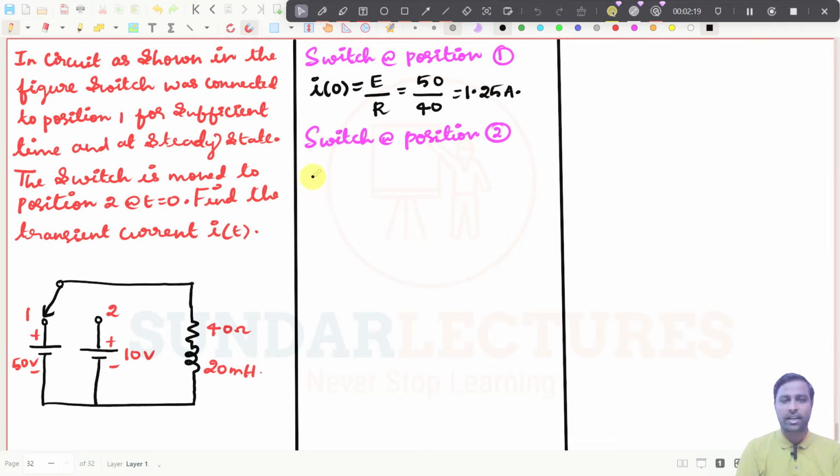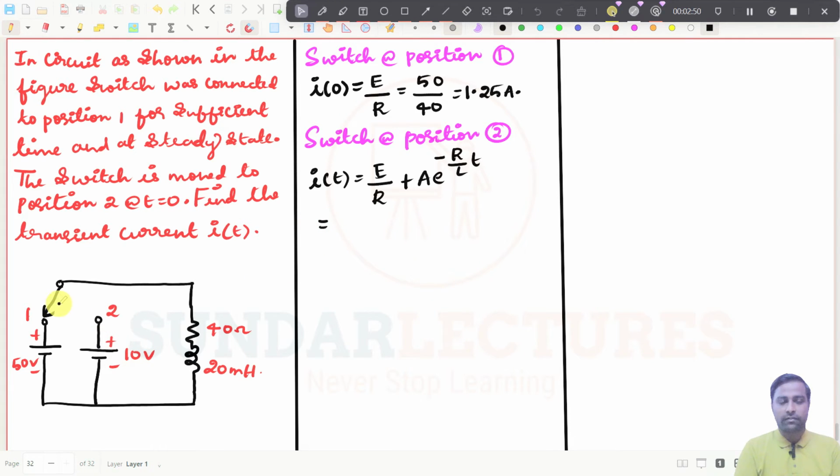What is the current now? If it is an RL circuit, then i(t) will be equal to E by R plus A e to the power minus R by L into t. This is the expression. If you substitute all the values, what do you get?